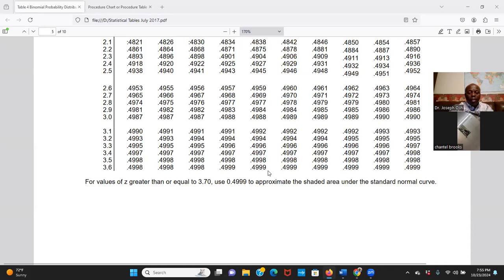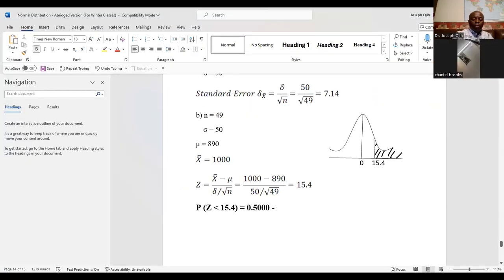Anything bigger than 3.6 is 0.4999, all of them. Each time you find a value bigger than that, use 0.4999.